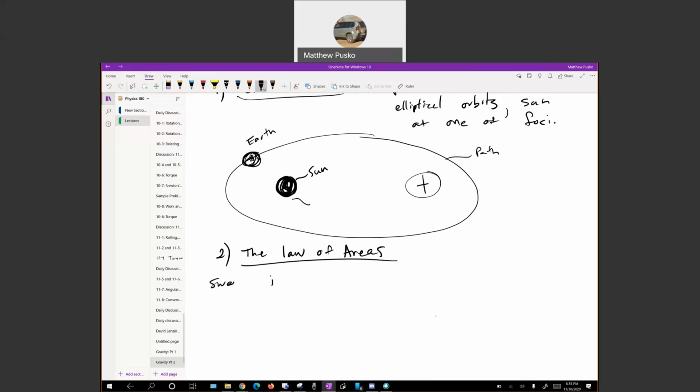So it sweeps out equal areas in equal time periods. And I'll draw it to help make sense of this one. But in other words, the rate dA/dt, the rate at which it sweeps out area, is constant.